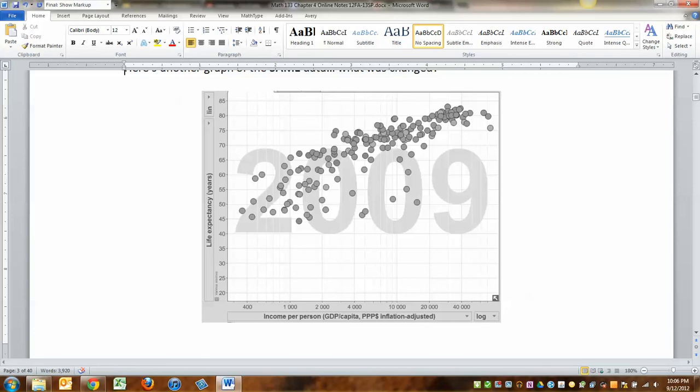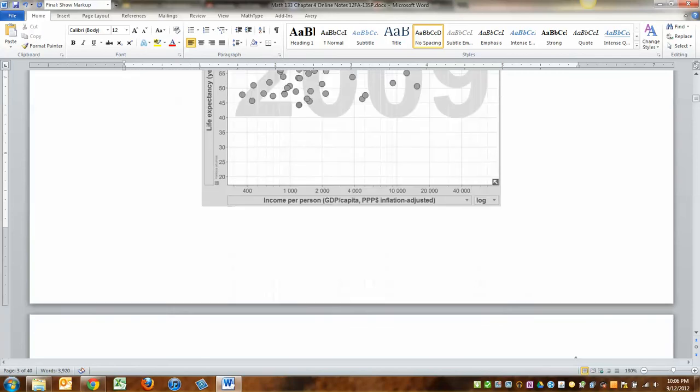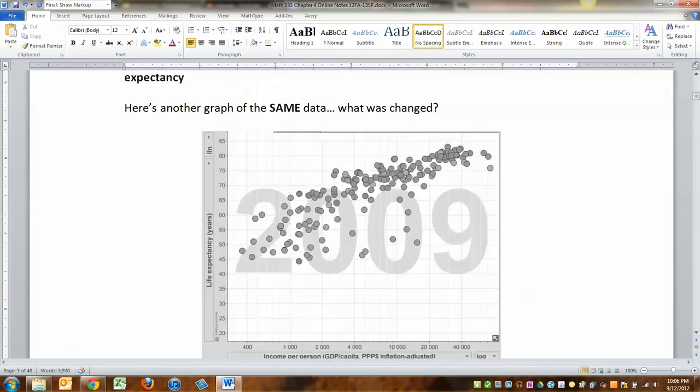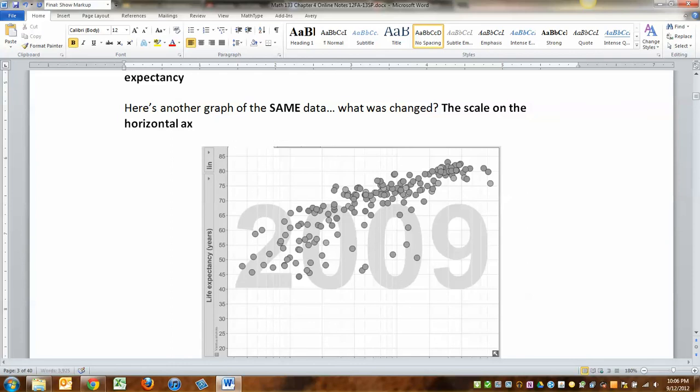And you see over here it says log, right? That's because this one uses a logarithmic scale. The scale on the horizontal axis has been changed from linear, L-I-N, right?